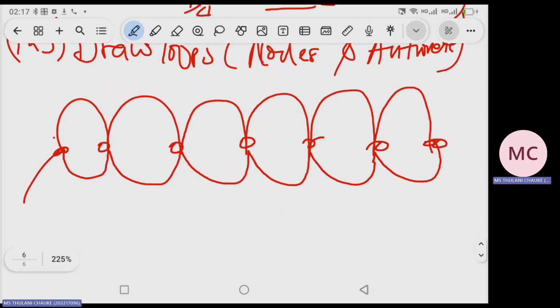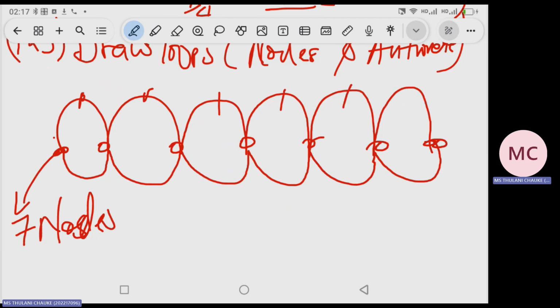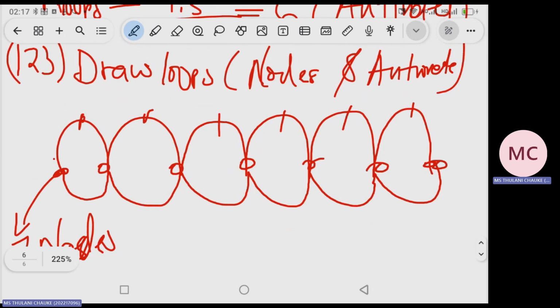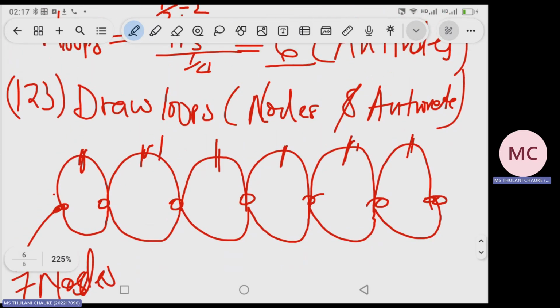So the number of nodes will be 7, then the number of antinodes will be 6, which is this part.